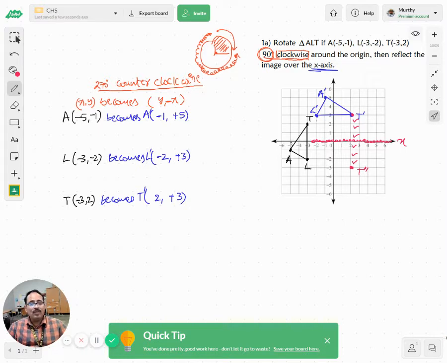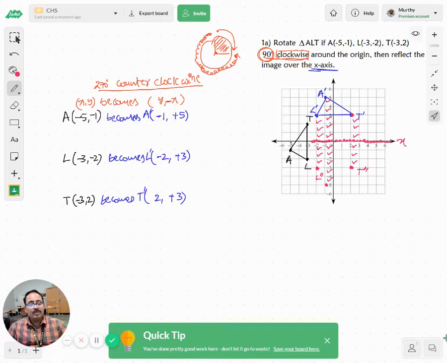Next, L. 1 block, 2 blocks, 3 blocks away from the reflecting surface, that is the x-axis. And here is going to be L double prime, because it is the second one. Next, A. 1, 2, 3, 4, 5 blocks.